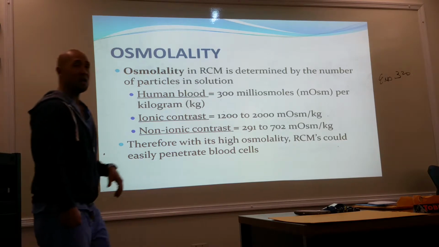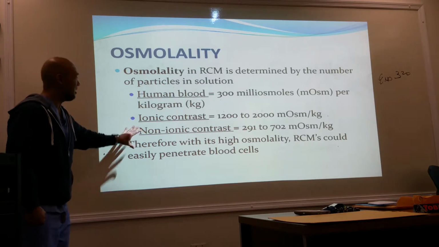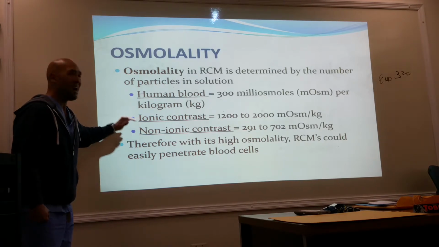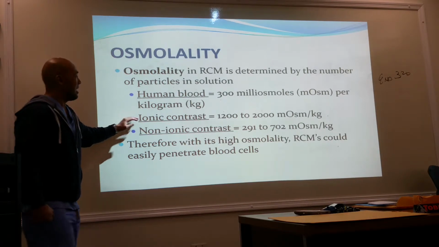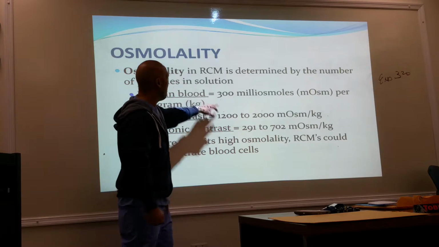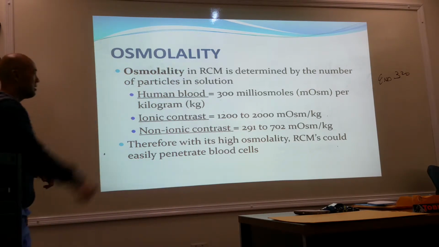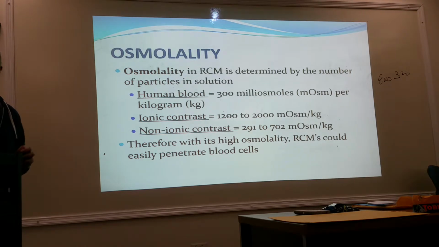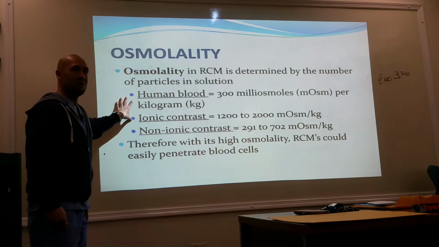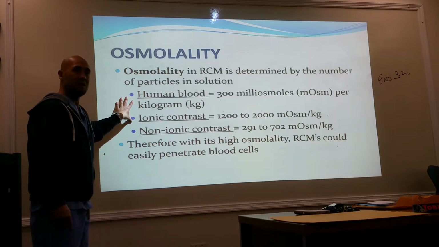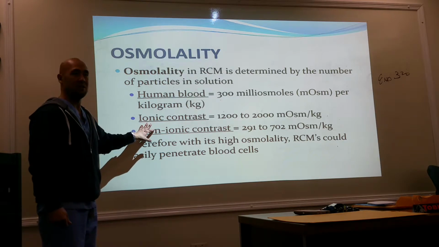Now if we introduce contrast in there, here was one that is ionic contrast, and remember the difference between ionic and non-ionic. Ionic is going to be more viscous, right? More thick. So in comparison to human blood, it's almost 3 to 6, 7 times greater in viscosity than that of human blood. So the shift to equilibrate is going to be very, very drastic.